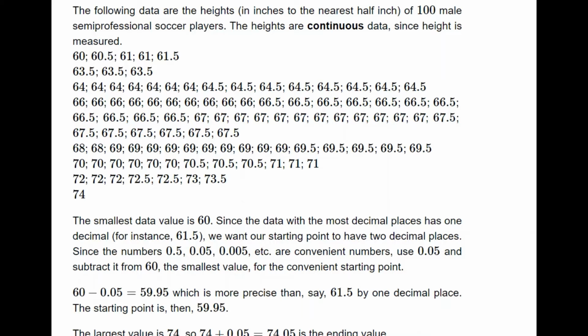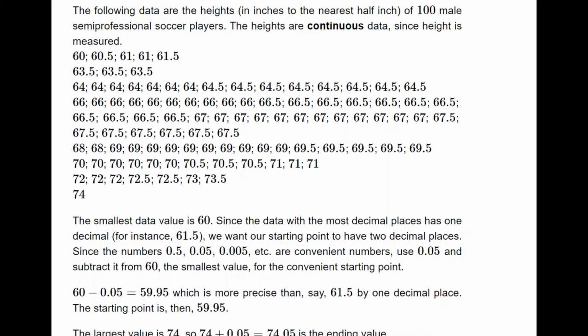Okay, now from our data set, the smallest value is 60. And we see that the number with the most decimal places has only one decimal, for example, 61.5. Then we have to set our starting point considering a difference that could give us a number in 2 decimal places, as we discussed above.